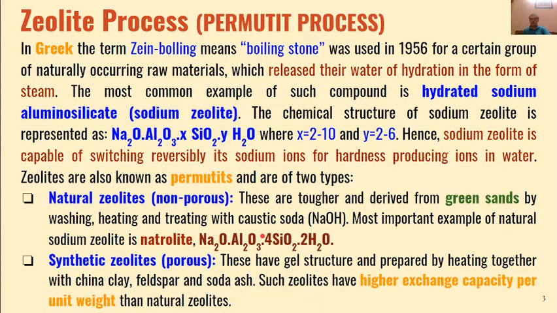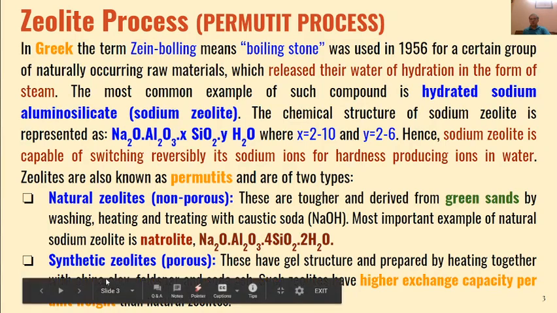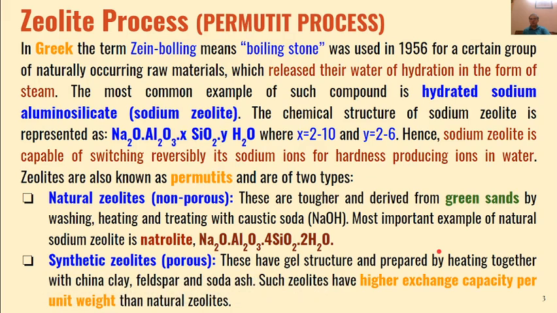The second category is synthetic zeolites, which are porous in nature and have a gel-like structure. Synthetic zeolites can be prepared by heating together china clay, feldspar and soda ash.